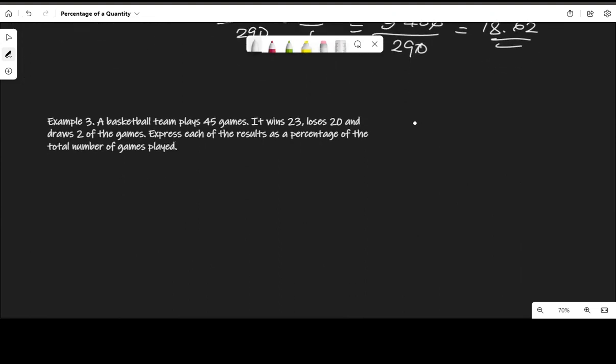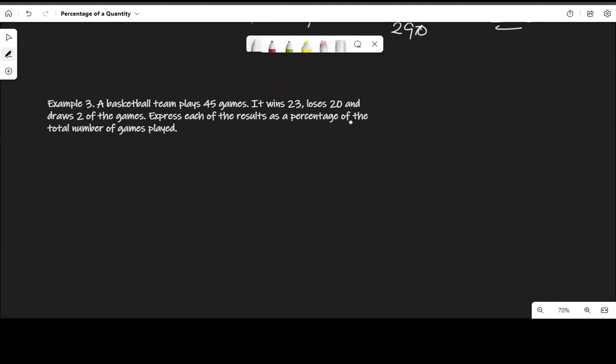Then I have a question here again. A basketball team plays 45 games. It wins 23, loses 20, and draws 2 of the games. Express each of the results as a percentage of the total number of games played.